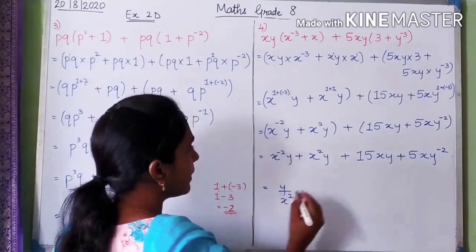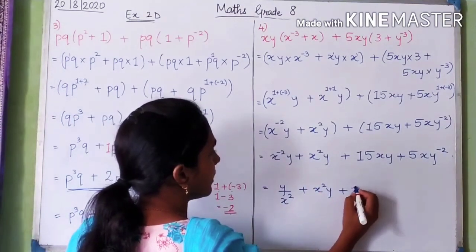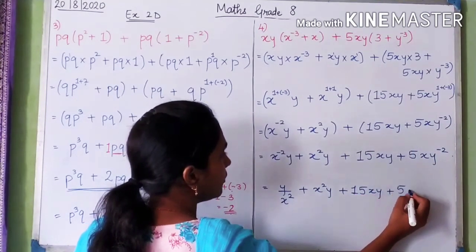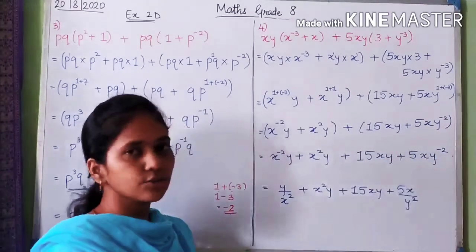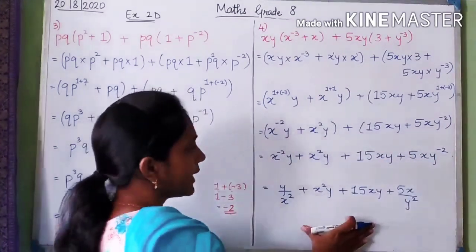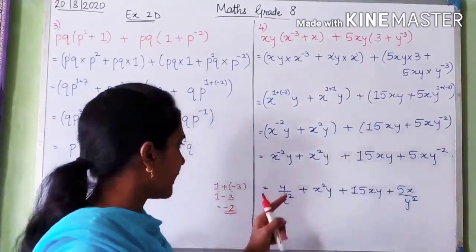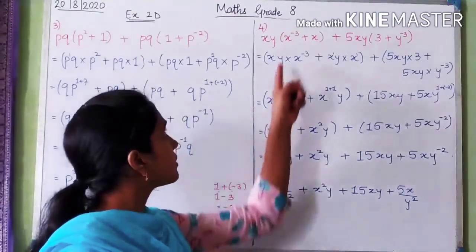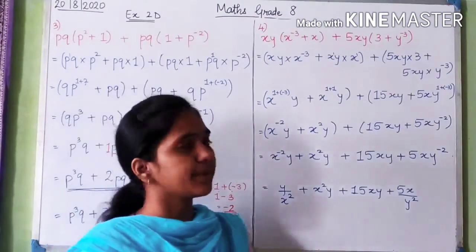So this becomes y by x square plus this x square y will remain as it is, plus 15xy remains as it is, plus 5x by y square. Y is having a negative power, so I took it down. So we can write the expression in this way, or we can write it in this way. Both are correct. So this is the answer of this fourth expression, the expansion of given expressions.